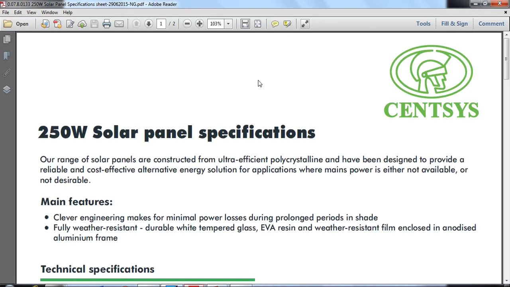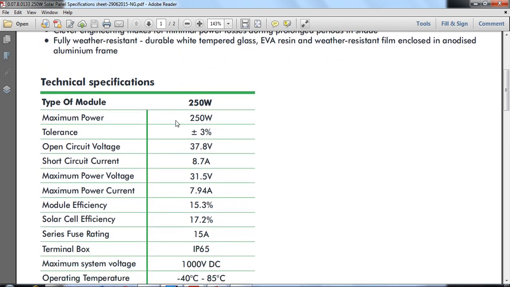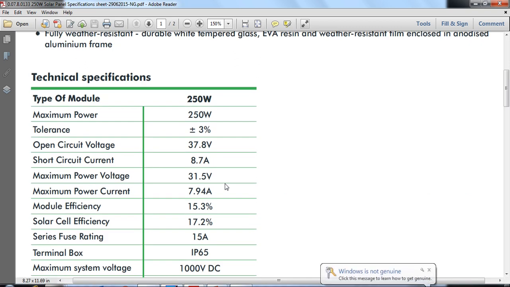I will just talk about some data sheets of the specifications of the PV module. Talking about the technical parameters, it could be 250 watt. The tolerance band is plus or minus 3%. The open circuit voltage is 37.8.